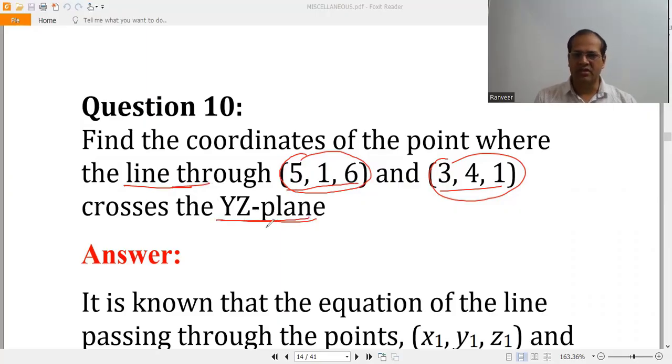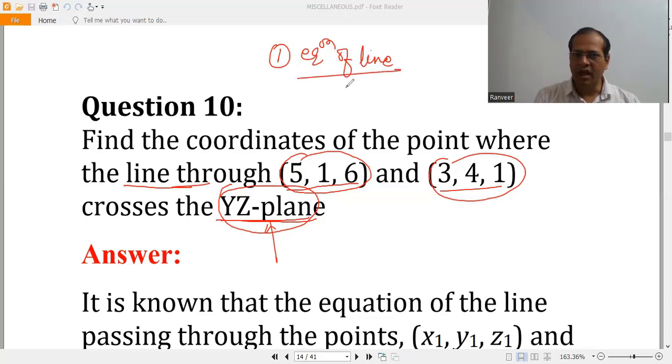In this type of question, it may be the YZ plane, XZ plane, anything. The steps are fixed. First, find the equation of the line. After that, for whatever plane is given, here the YZ plane, equate the x value to zero. This is the second step.